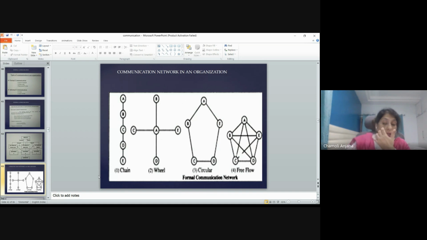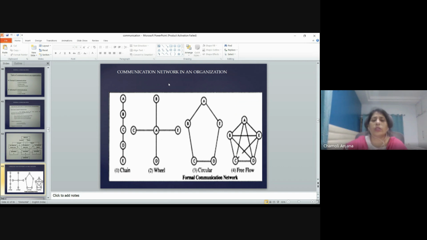Then, in the organization, you also have something called the communication network. Now, what are these networks? The networks are all types of patterns of the communication channels that take place in the organization, be it an individual communication, a small team communication, a group communication, a departmental communication, or an organizational communication.